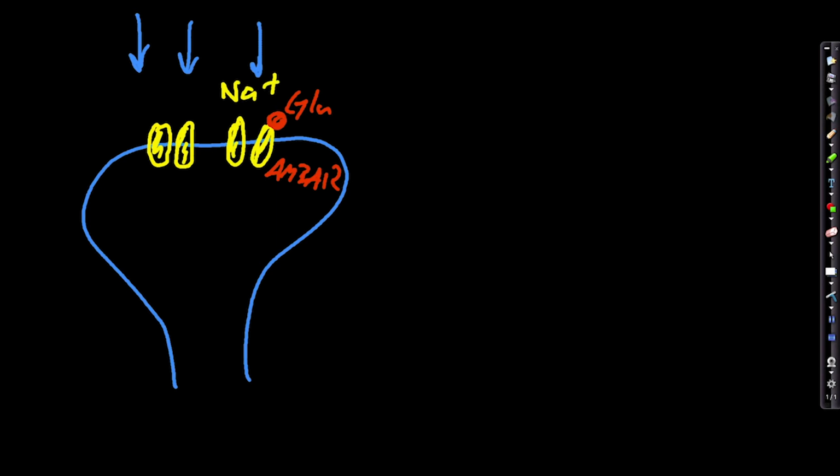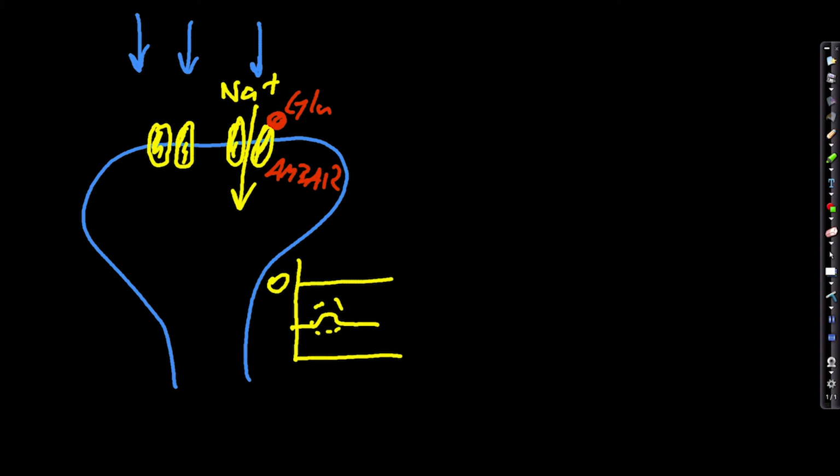Yes, sodium ions go in, down their concentration gradient, and of course it is the flow of sodium ions, carrying positive charge, that causes the membrane potential change, the EPSP. So this little EPSP that you're seeing here represents the flow of positive charge that comes from these sodium ions.